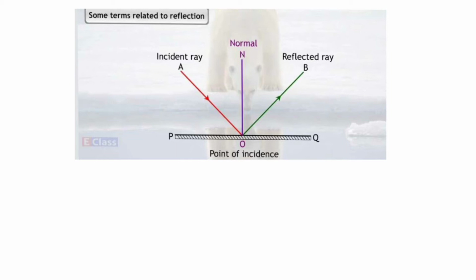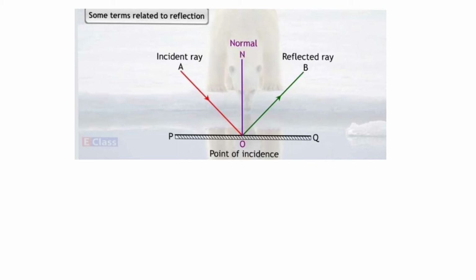Children, say this is the mirror. At this point of the mirror the ray is incident, so here if you draw a 90 degree line from this surface, that makes 90 degrees with the surface. So that is called the normal. That is called the normal. So ON is perpendicular to PQ. You can observe it clearly.